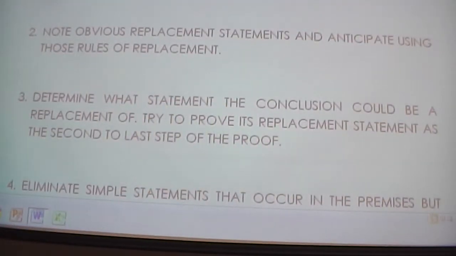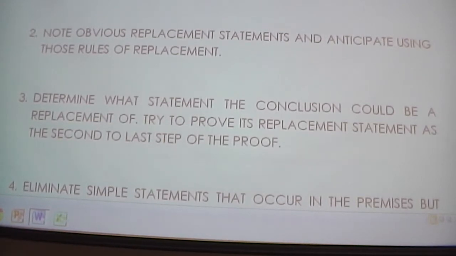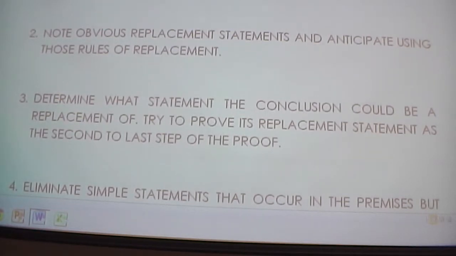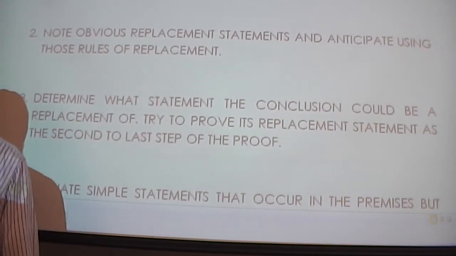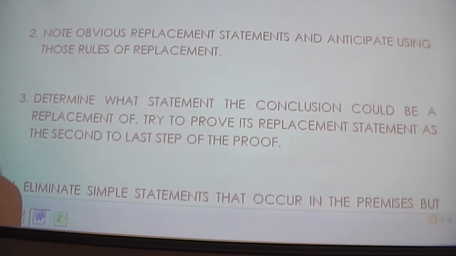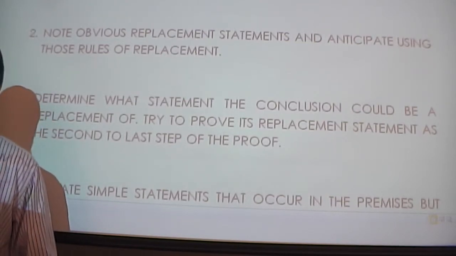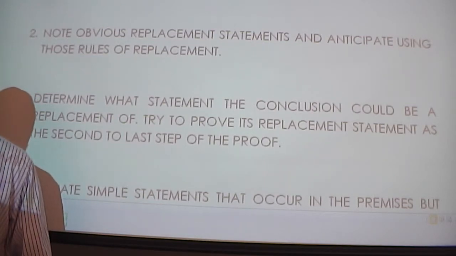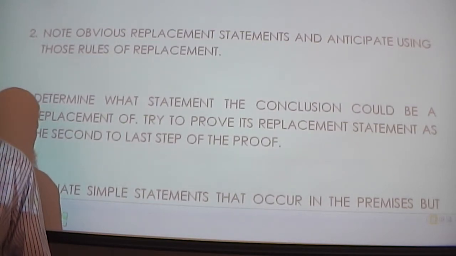Now, sometimes the conclusion itself is a replacement statement. So it would have replaced the immediately prior step of the proof. Do you understand what I'm explaining? Okay, when that's the case, the proof can be very difficult because our aim has always been to derive the conclusion.